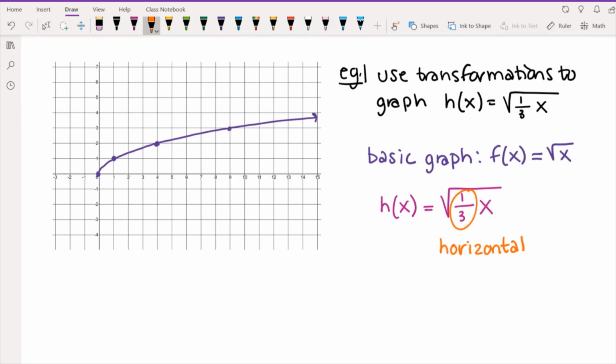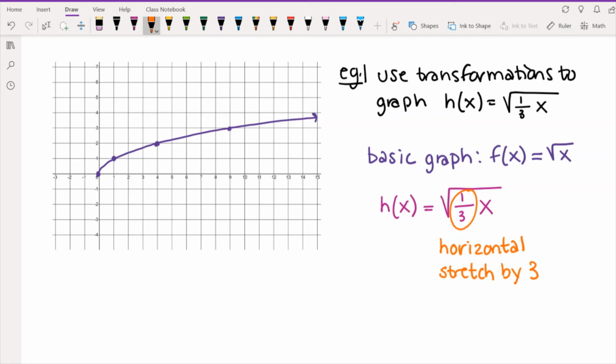So which one is it going to be? Well, remember that when you are dealing with horizontal stretches and compressions, you want to take the reciprocal of the number. So what's the reciprocal of 1/3? It would be 3. And so that tells us that it's actually a horizontal stretch by 3.